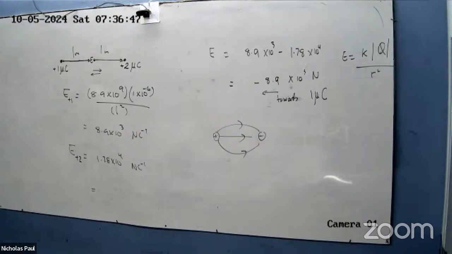Same principle. 3 microcoulombs at x equals 0, at the origin, and minus 6 microcoulombs at x equal to 1 meter.